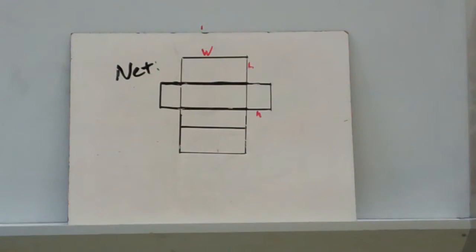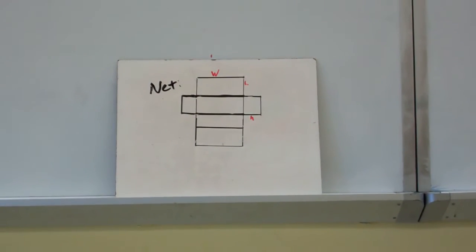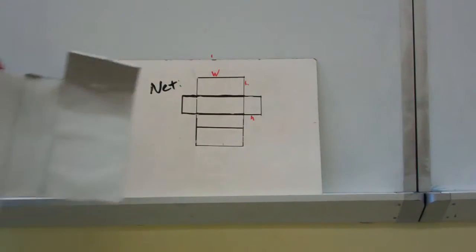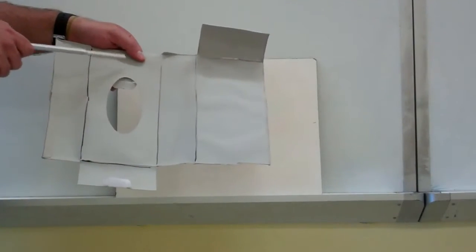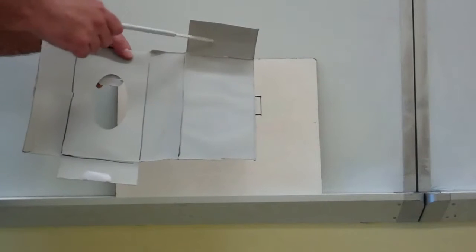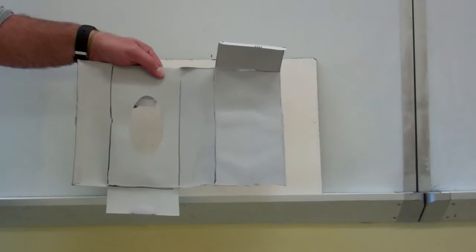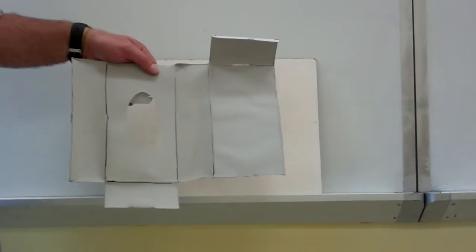And as an example, let me pan out here. We could take this tissue box here, and again, it's got its 4 faces and its 2 side faces to kind of cover it up, close it up.